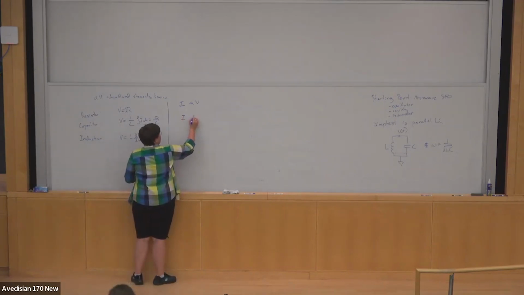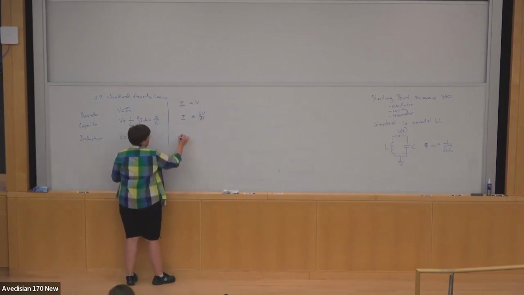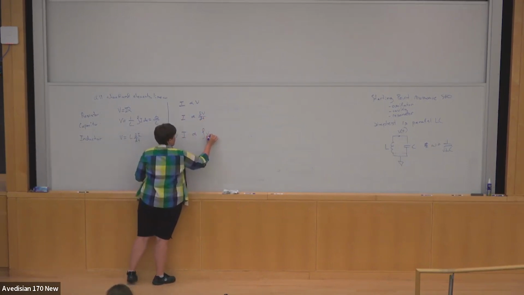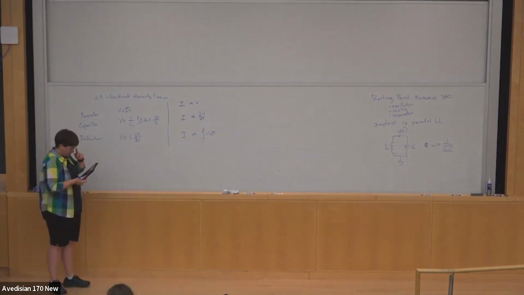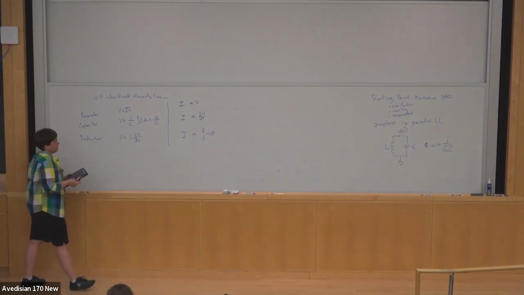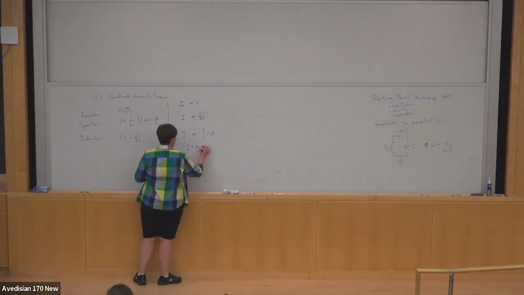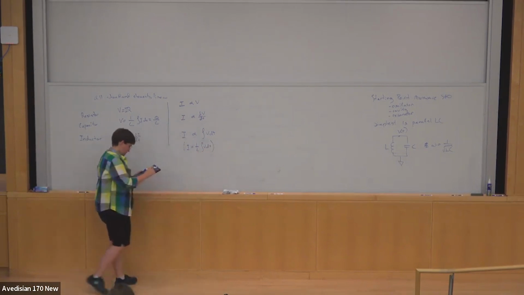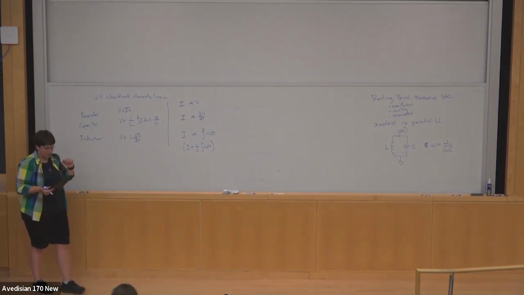We have one case where the current is proportional to dV dt, and then the inductor is proportional to the integral of V dt. So these are the three standard circuit elements. Foreshadowing, I is 1 over L, the integral of dV dt. And so we want to find something in addition to this set which is nonlinear.